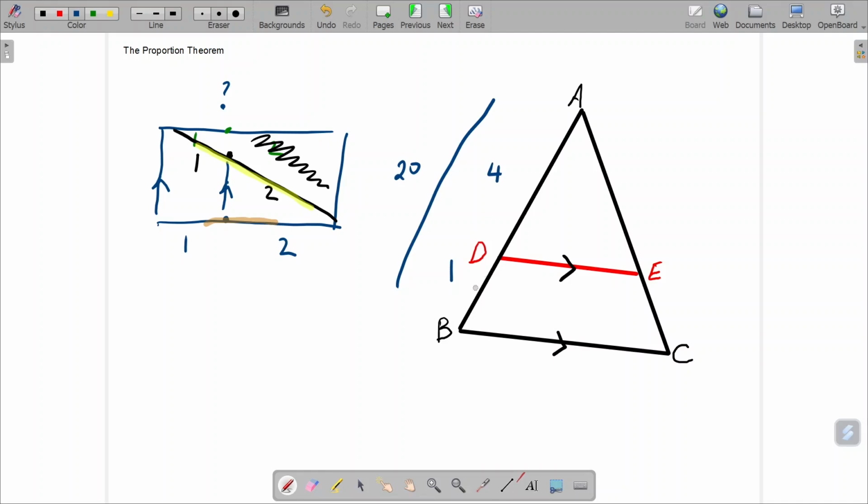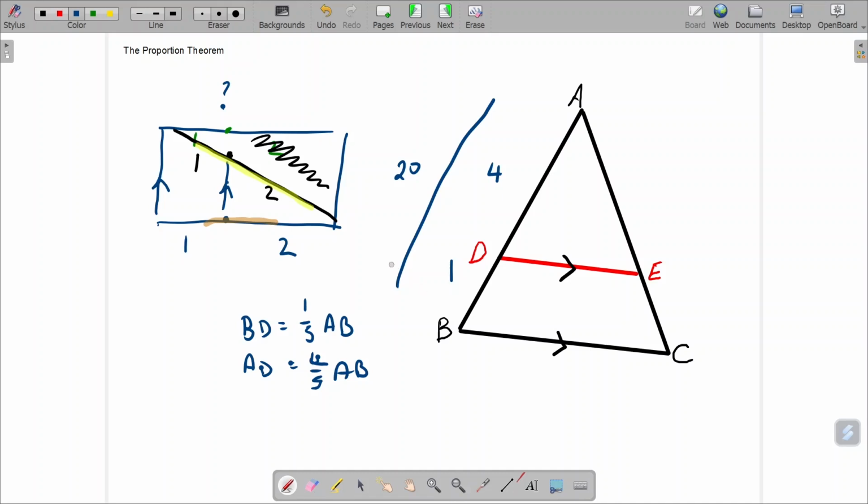I'm not saying that the line length BD is 1 and that the line length AD is 4. I'm saying that BD would be 1/5 of AB, and that AD would be 4/5 of AB. Again, I'm not saying that the length is 1 and the length is 4. I'm saying it is 1/5 of the total length, and that AD is 4/5 of the total length.